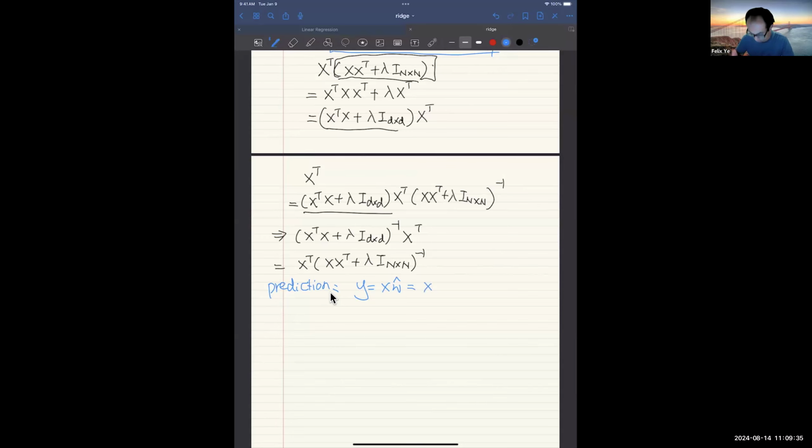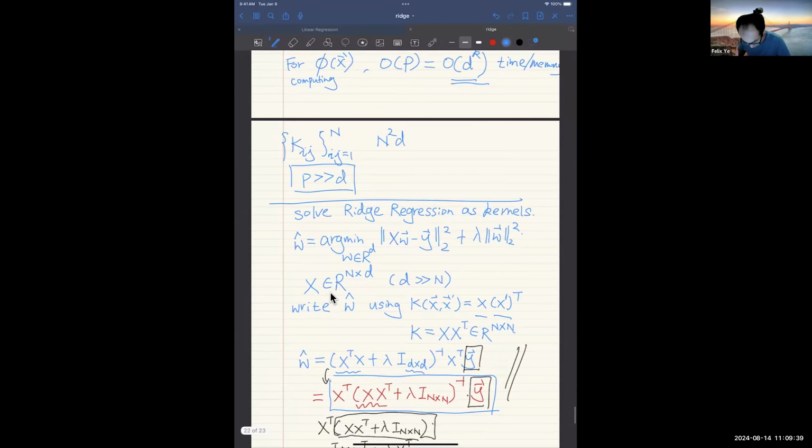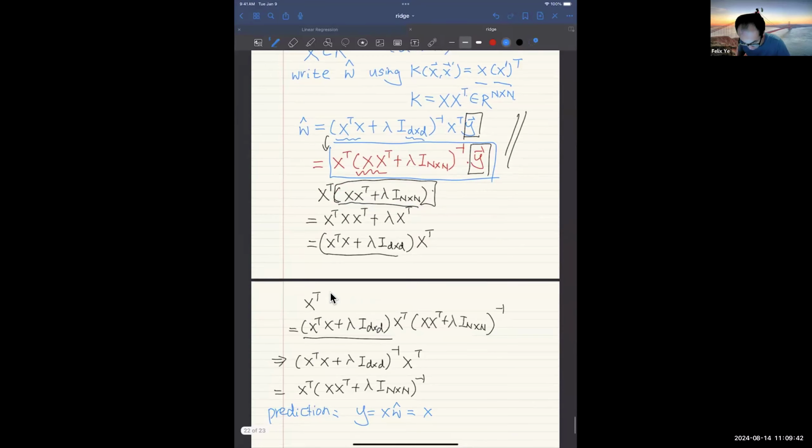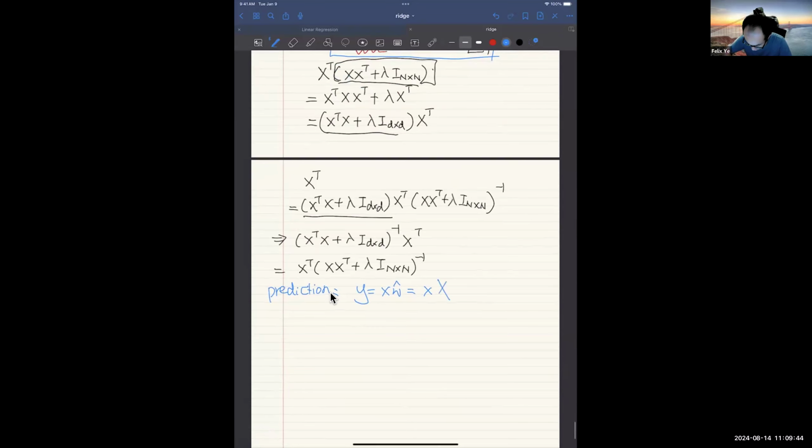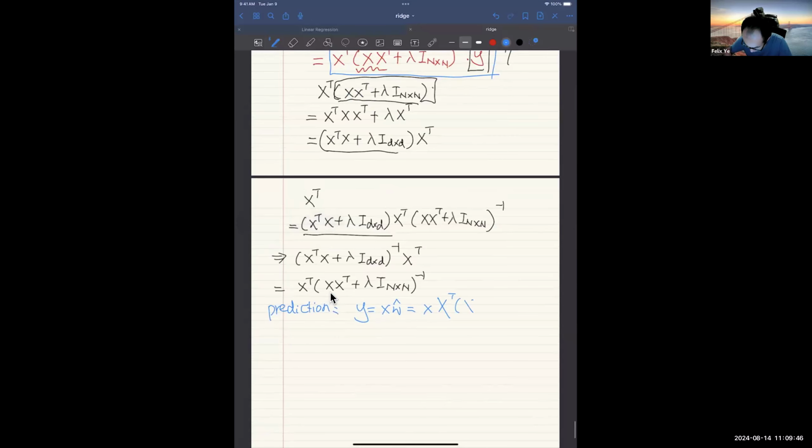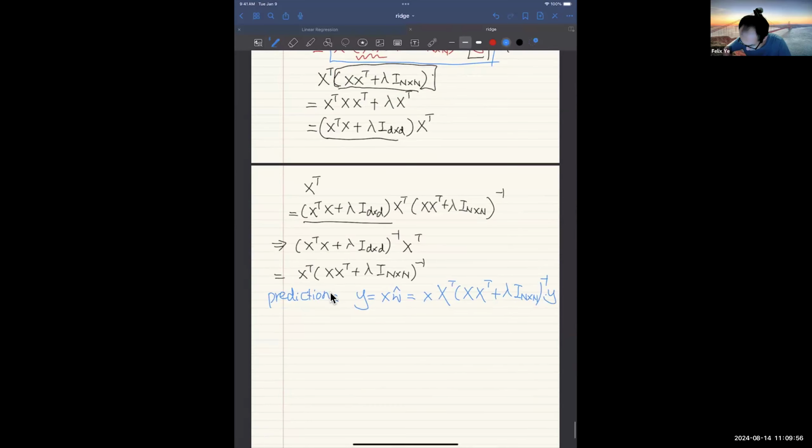That means for a new data x, my solution will be x transpose, x x transpose plus lambda identity n by n, inverse of y. Okay, so this is the predicted values of y hat.